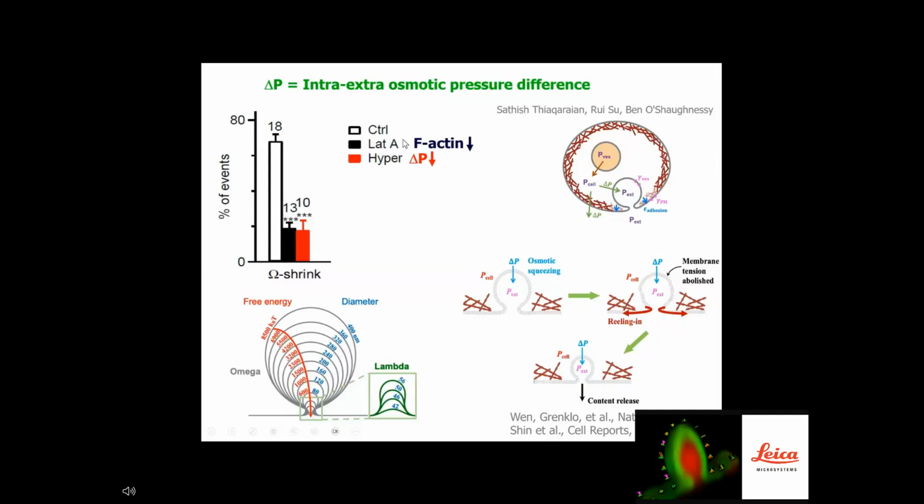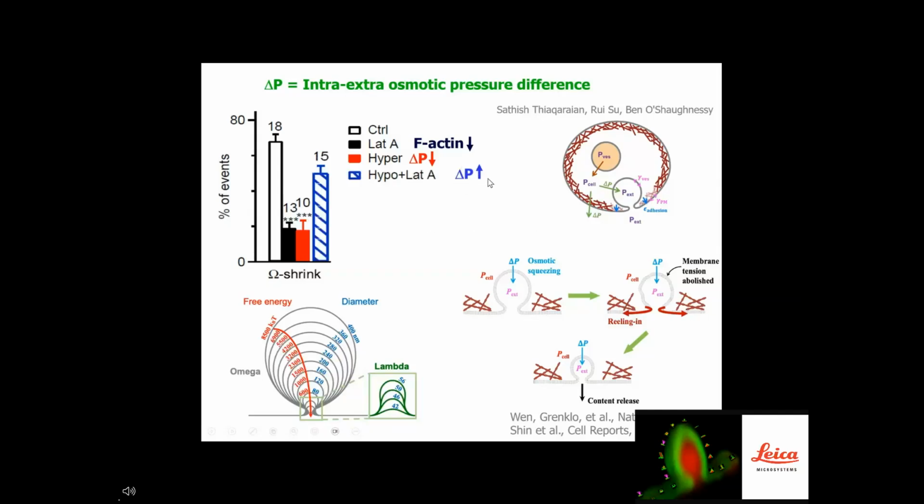If we apply latrunculin A to reduce the filamentous actin, because the filamentous actin is essential for maintaining the higher membrane tension at the plasma membrane, this latrunculin A reduces the membrane tension. It will also reduce the shrink fusions, and indeed we see it reduced the shrink fusion because the driving force from the higher membrane tension is reduced.